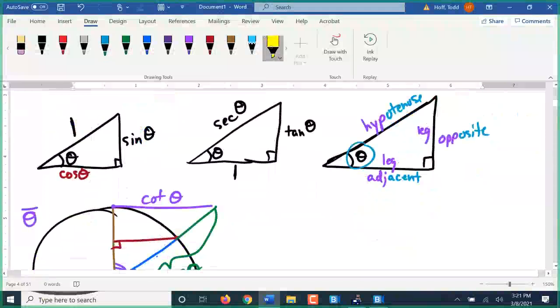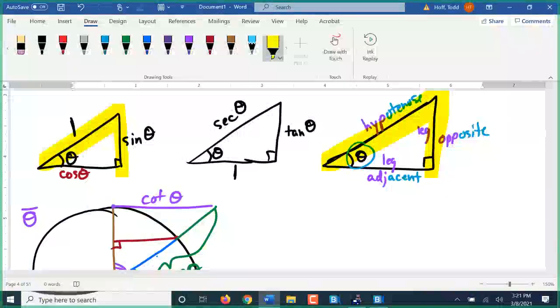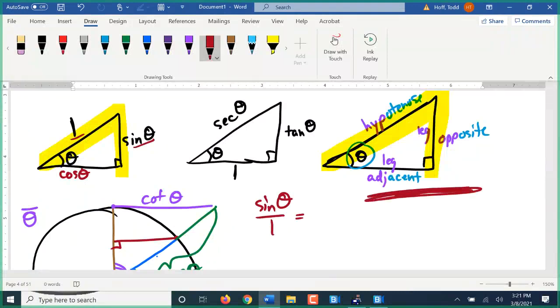Looking at these triangles, I'm going to look at this triangle here compared to my big one over here. I highlighted those sides for a specific reason. I'm going to start over here by comparing the sine to that side of 1. So sine of theta over 1. What side of this big triangle corresponds to the same side as the sine? The opposite, so OPP. What side of that triangle corresponds to the 1?